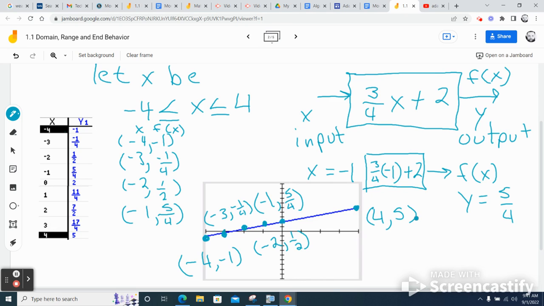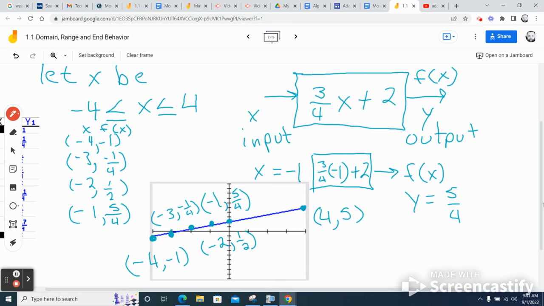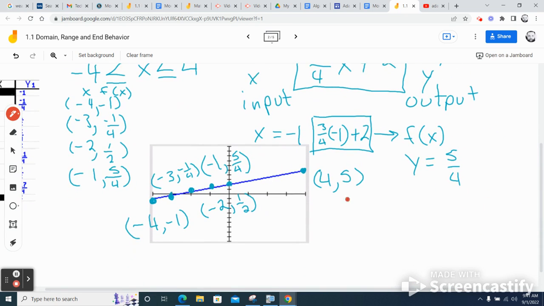You got it. That's correct. So the range is, what was the definition of the range? Possible y's. So over here on the side, remember that the range are the y values.